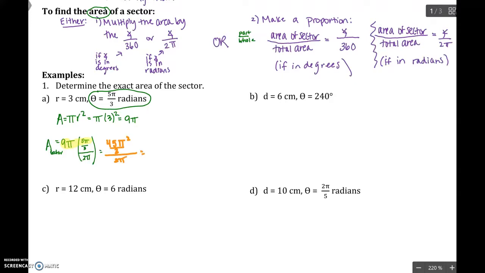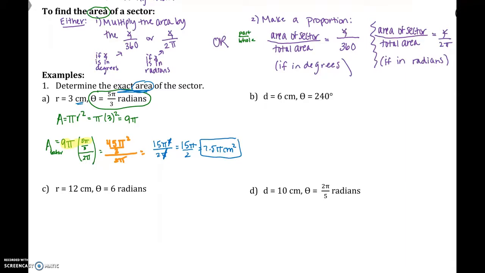Then we have to simplify this further. 45 does divide by 3, which is nice, because now we can write that as 15 pi squared over 2 pi. One of these pi's cancels with this one, and we have 15 pi over 2, or 7.5 pi. That's exact because we leave it in terms of pi. And it is an area, so we take our unit from the radius, and it would be that unit squared. So that's version 1.